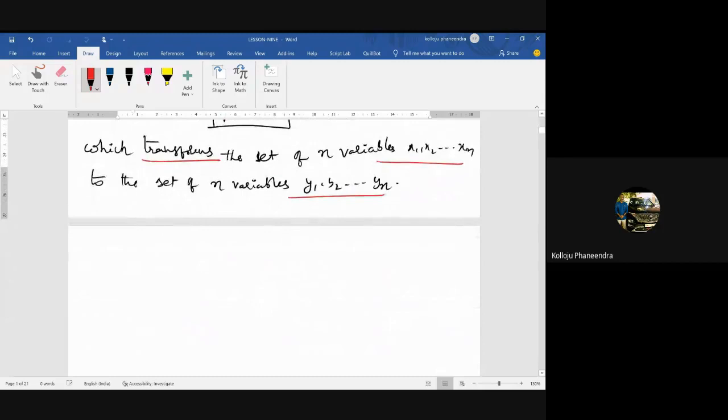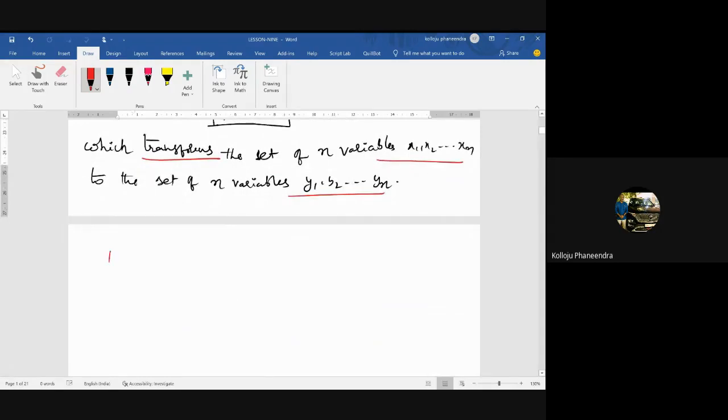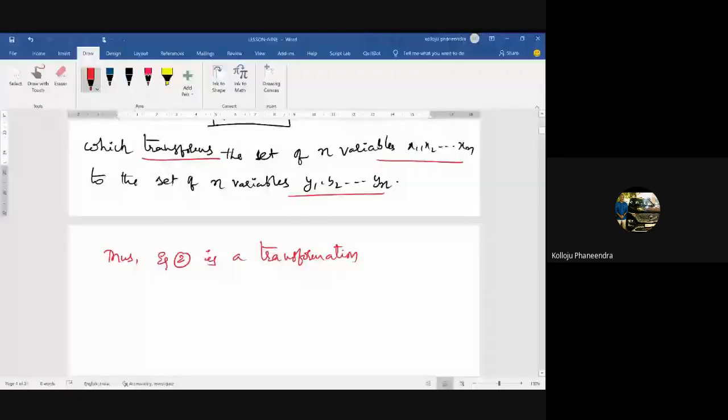Thus equation 2 represents a transformation. Then what about linear transformation? Let us see.